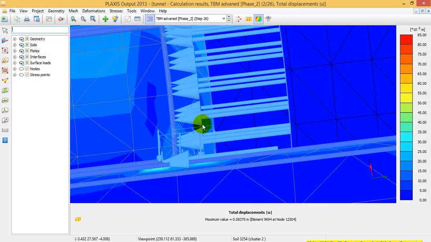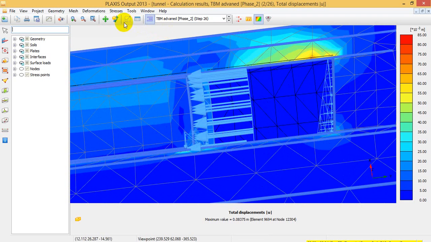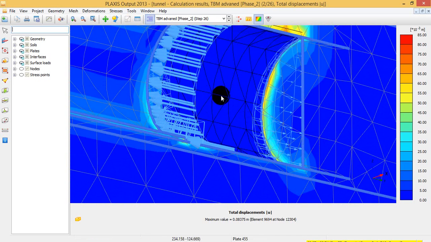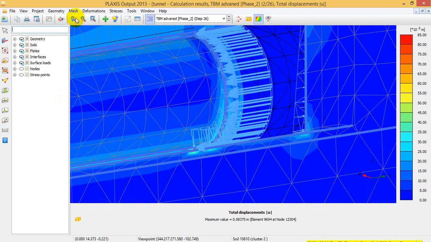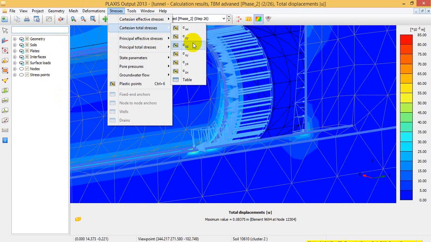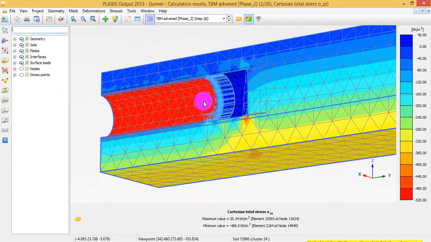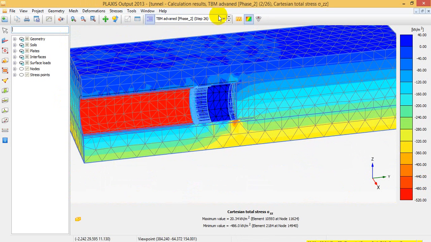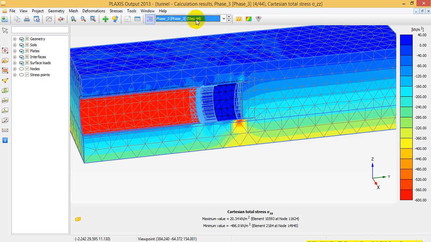Alright, so this is my progress, and also I can check the segment stresses, what happened to the stresses of my tunnel during the construction.